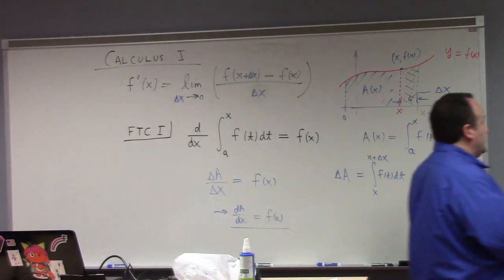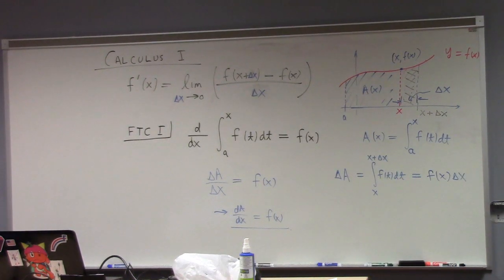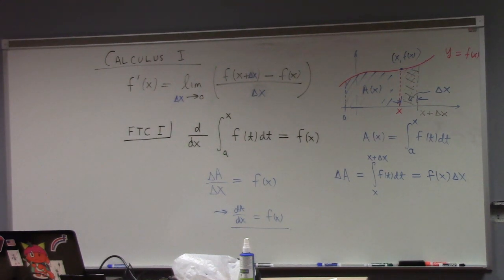So what was more interesting is FTC2. FTC2 says if big F prime of x is equal to little f of x, then the integral from a to b of f of x dx is equal to big F of b minus big F of a.